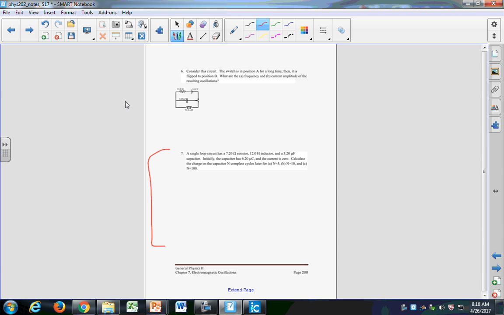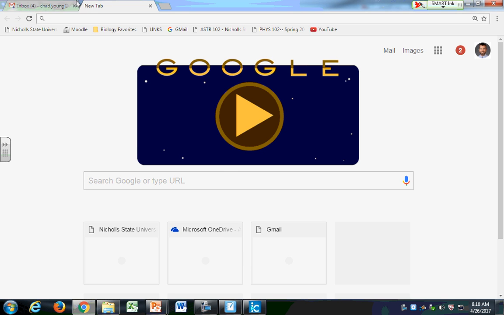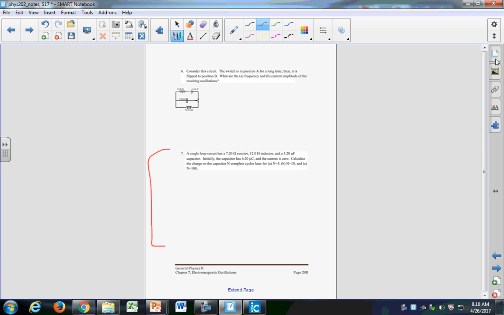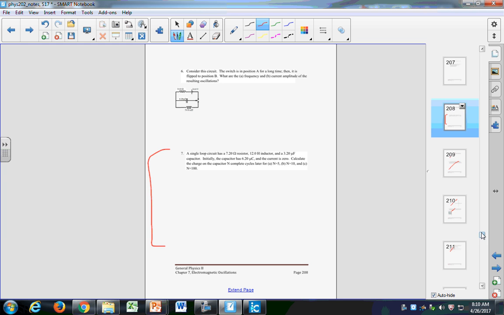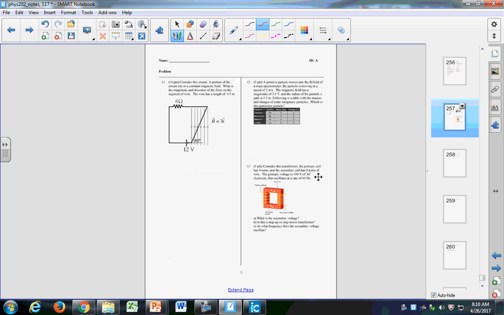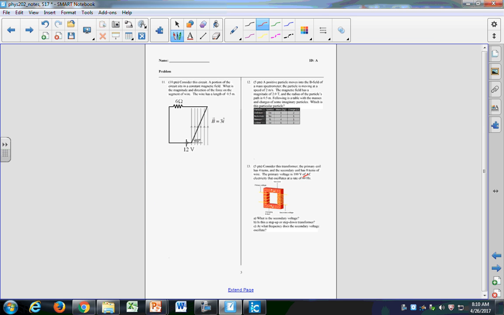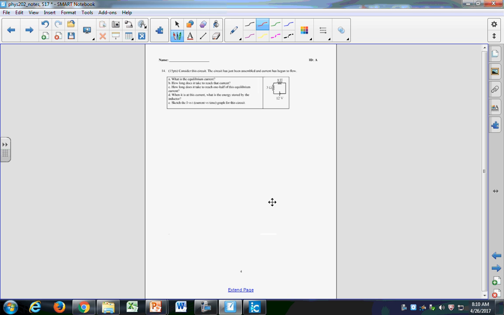If you're looking at old tests, let's just look at the old test in the back of the book. For example, you can get rid of that one. I don't know what page this is on, but it's the last exam. Number 13. Number 14 is good.